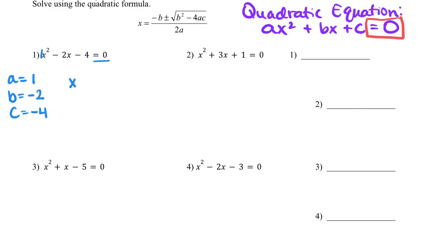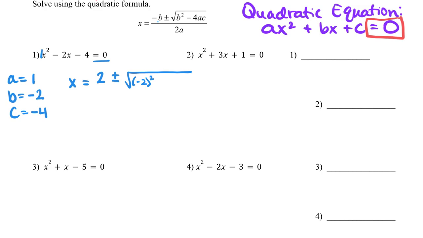So I'm going to use that formula, and the first thing I'm going to do is either think of this as the opposite of b. So my b is -2, so the opposite of -2 is +2, plus or minus the square root, and now b squared, that's going to be -2 squared. You want to put that in parentheses, especially using your calculator, so that it doesn't inadvertently give you the wrong sign.